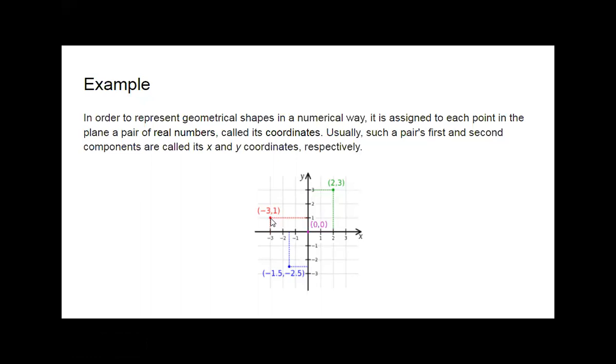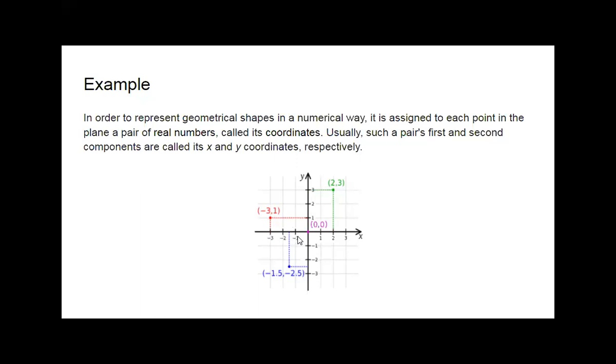Here I will plot my point. Okay, it is -3, 1. That is, it is minus plus, because vertically it is going up and leftward it is going.